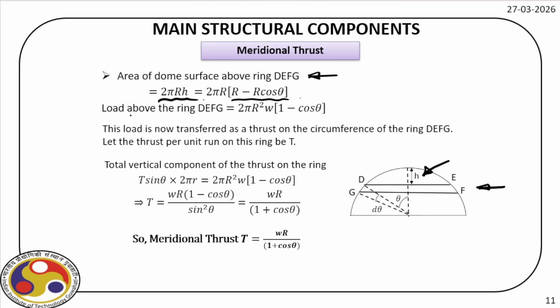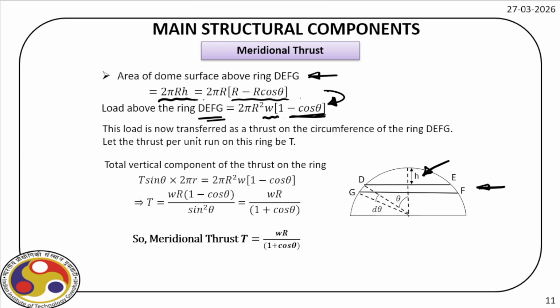So now we can evaluate the load above the ring DEFG, and for that we have this area. If we take R common and take it outside, we have 2 pi R squared times (1 minus cos theta), that is the area, and if you multiply by w, we get the total load.